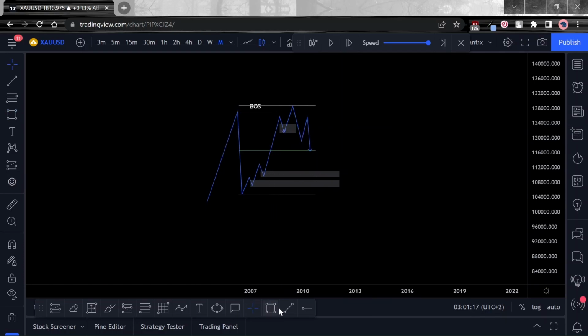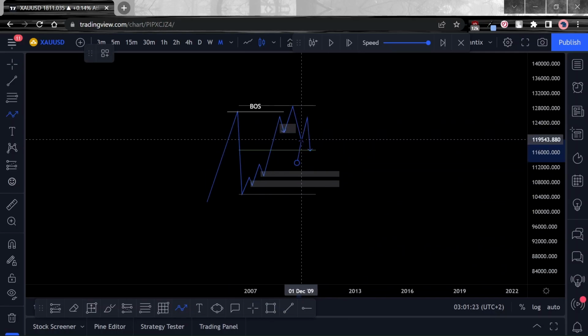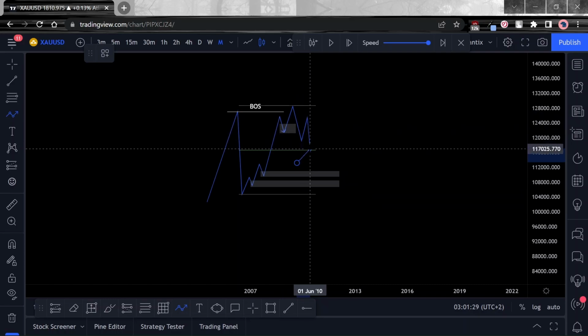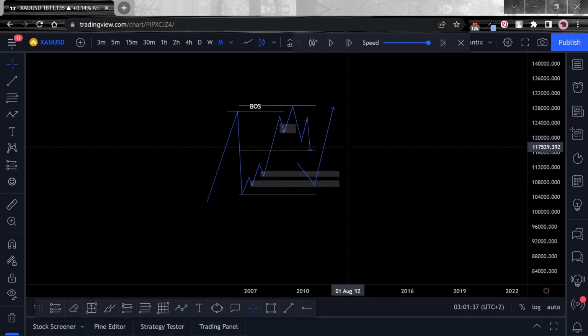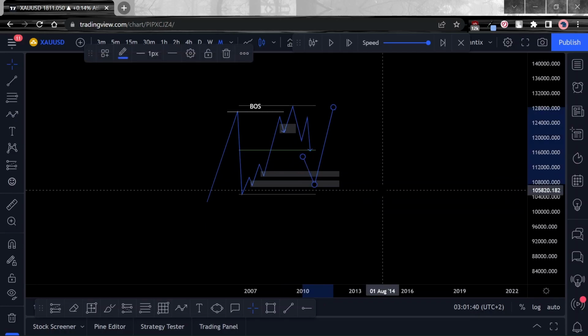We're obviously not looking to buy from such a point of interest. When we see this break, the price break below, give us a change of character, we're happy to sell back into discounted prices. And then when we see discounted prices hold, then we take a buy to the upside.